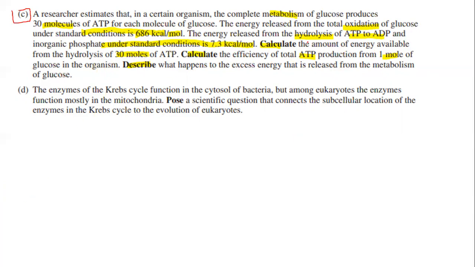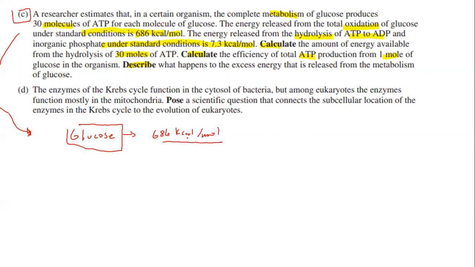I'm going to make a little template here. For C, we'll solve it down here. Basically, 1 molecule of glucose can release 686 kilocalories per mole, meaning that if you have glucose in a lab setting, it can give off that amount of energy.